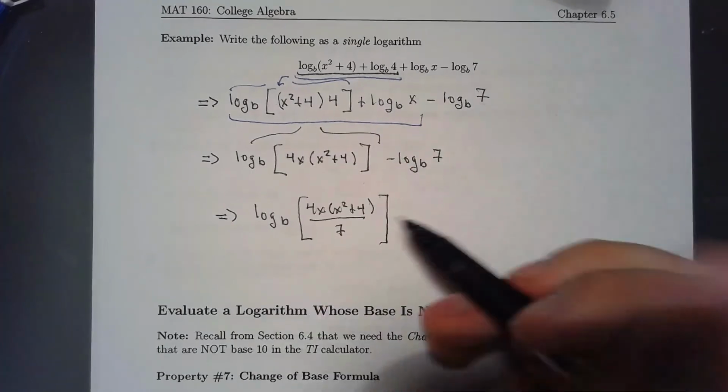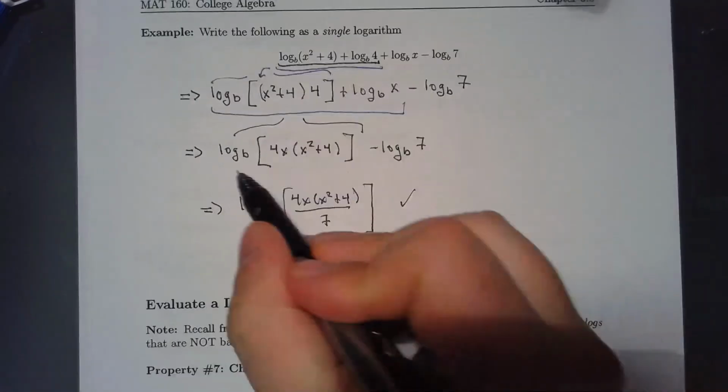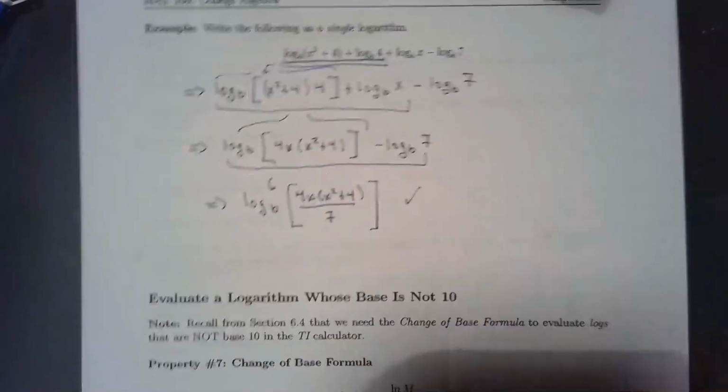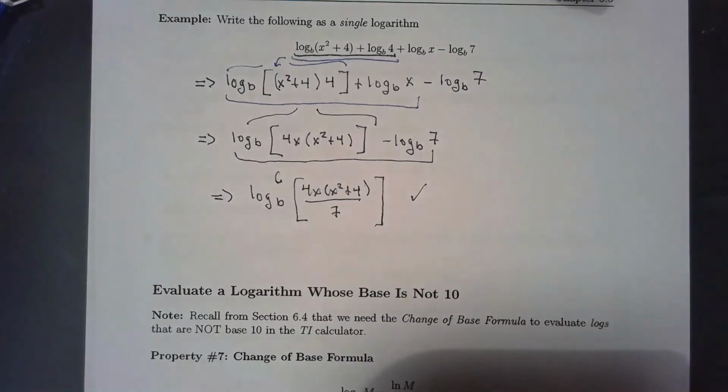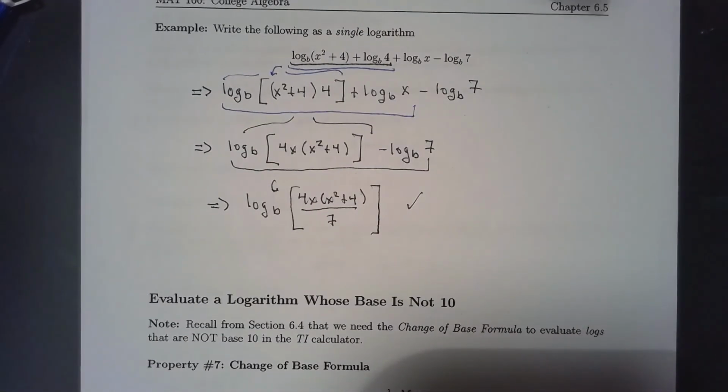By just using the properties in the opposite order, I could rewrite and get a single logarithm. So these two combine to be that. These properties show up a lot when we're dealing with logarithms, but they just take practice to get used to, really.